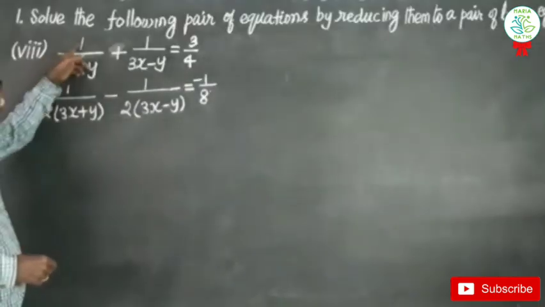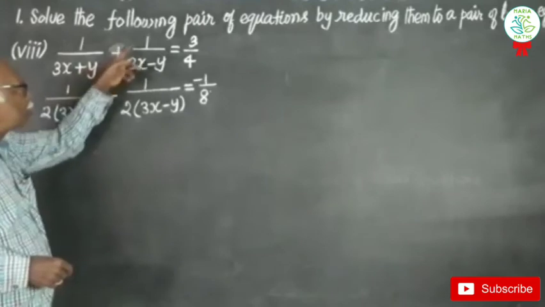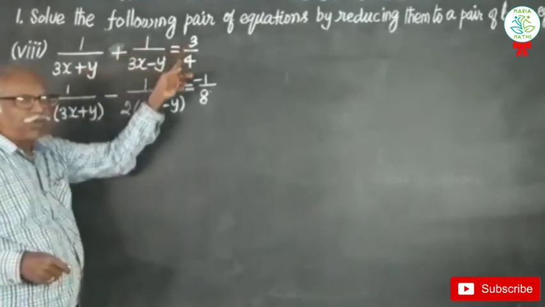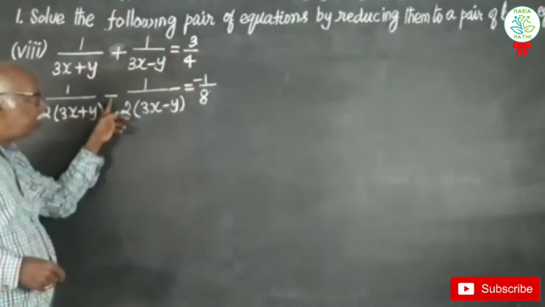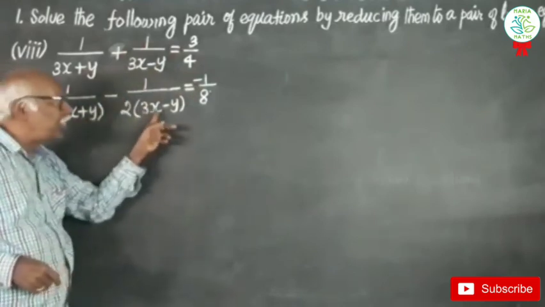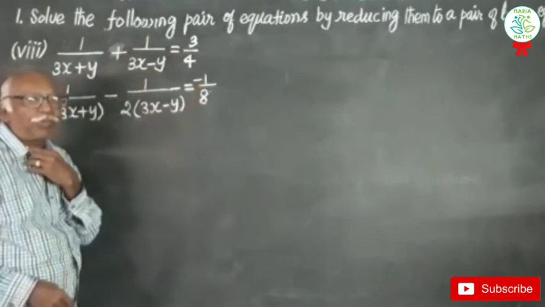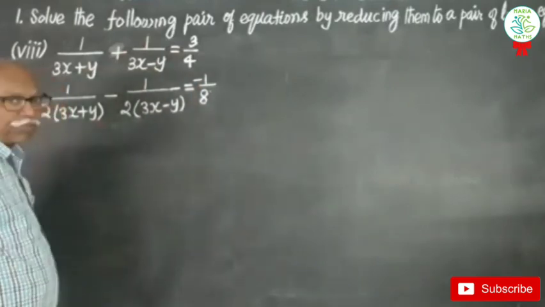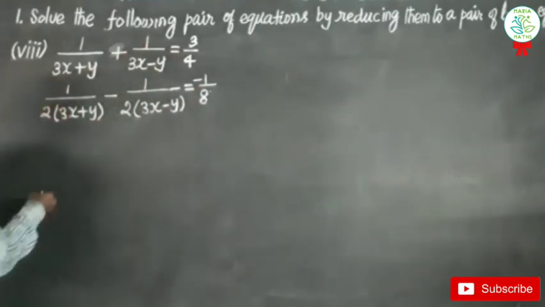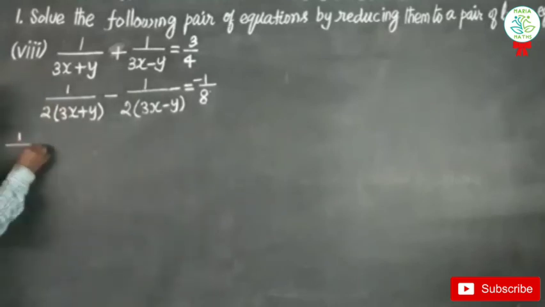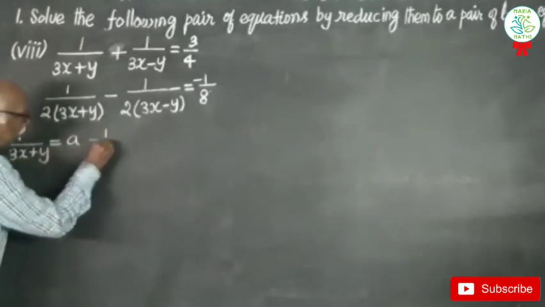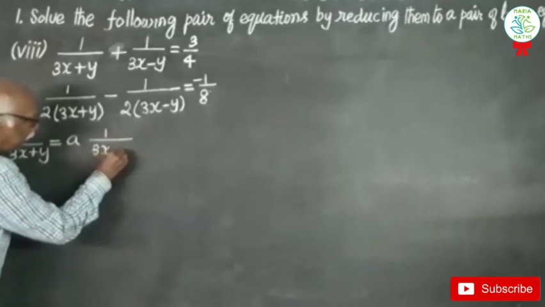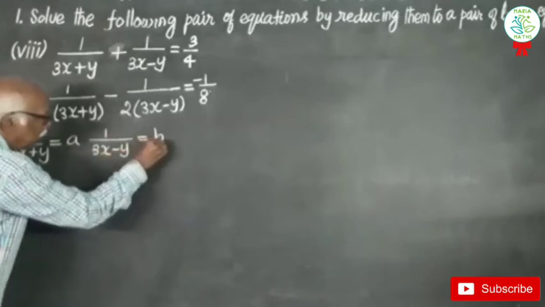Sub-division 8: 1 by 3x plus y plus 1 by 3x minus y equal to 3 by 4, and 1 by 2 into 3x plus y minus 1 by 2 into 3x minus y equal to minus 1 by 8. This is also an important question. We have to assume 1 by 3x plus y equal to a, and 1 by 3x minus y equal to b.